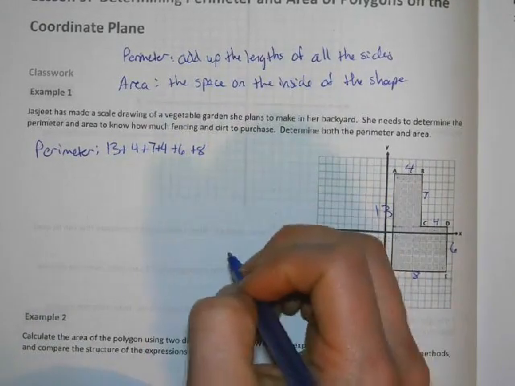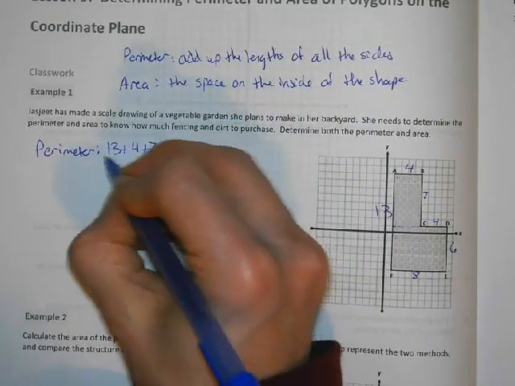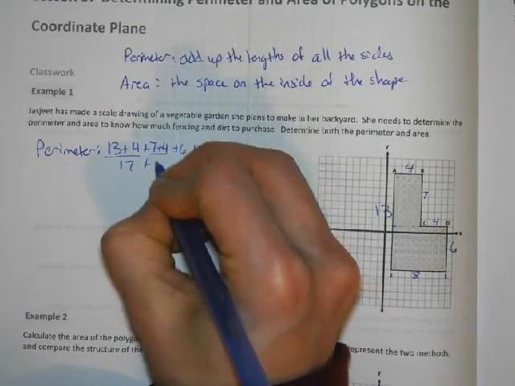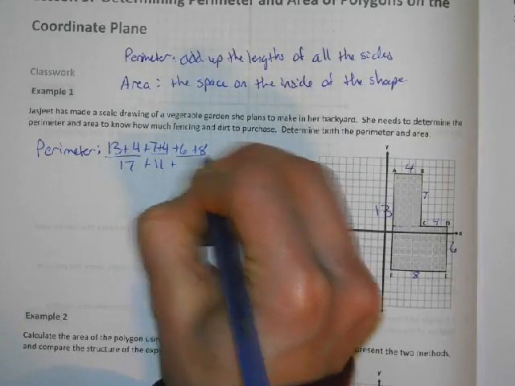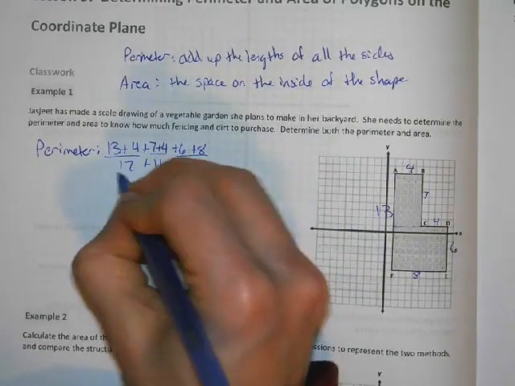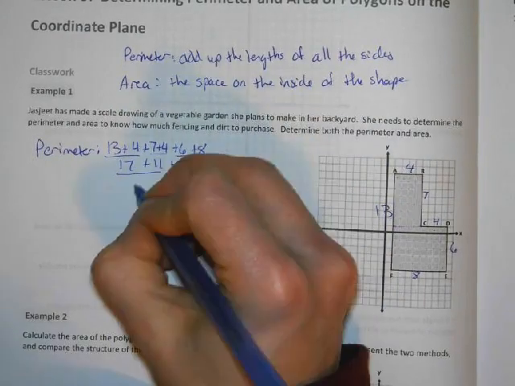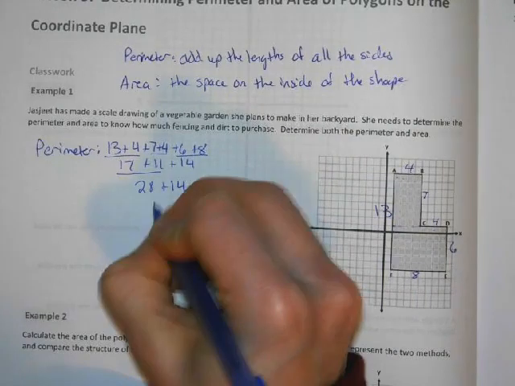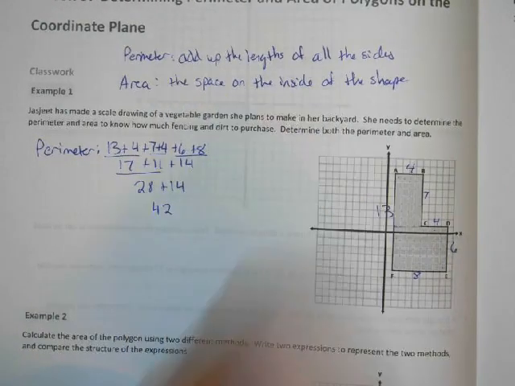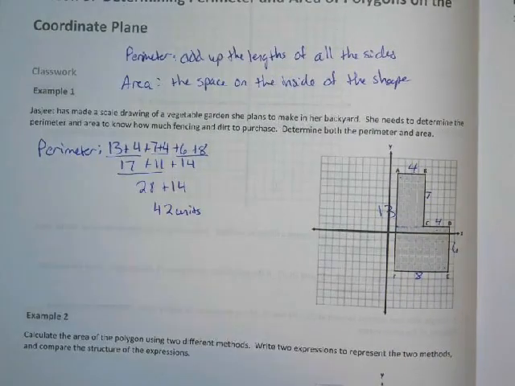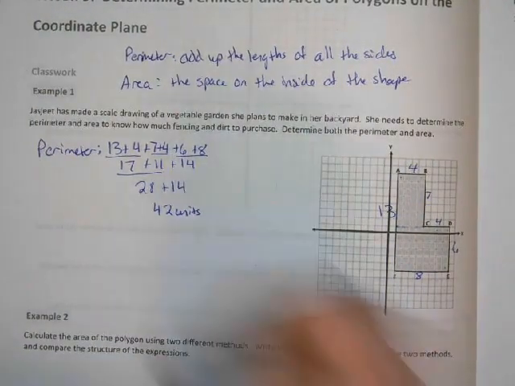You can go ahead and just group them by twos. 13 plus 4 is 17, 7 plus 4 is 11, 6 plus 8 is 14, and then 17 plus 11 is 28, plus 14 is 42. And they don't give us the unit of measurement, so it's just units.